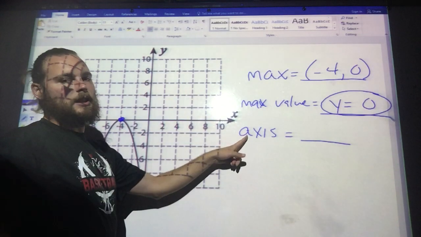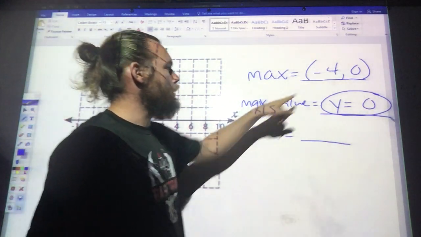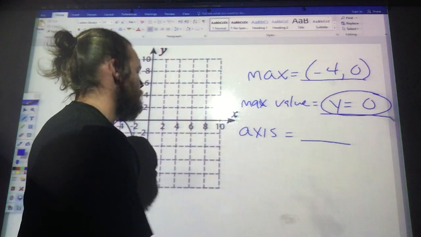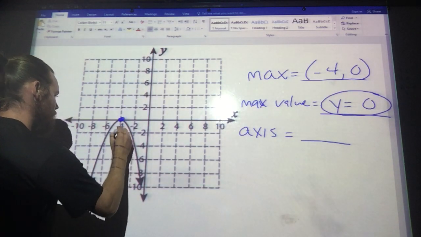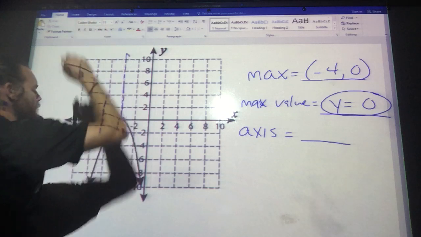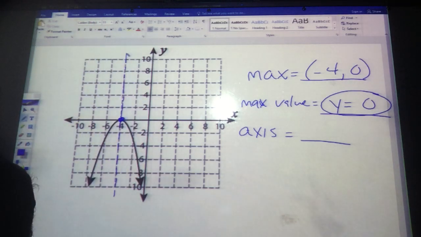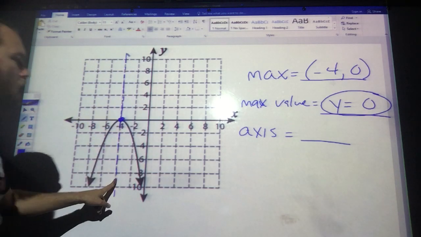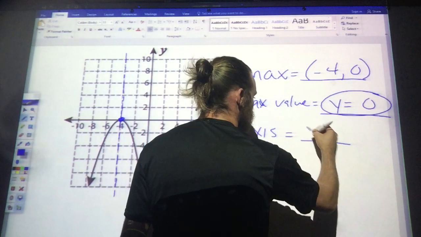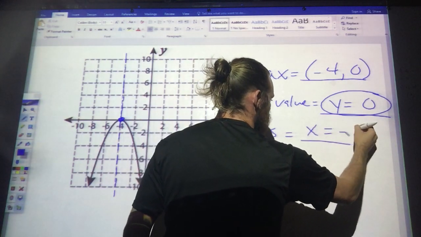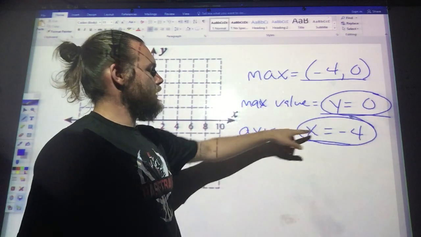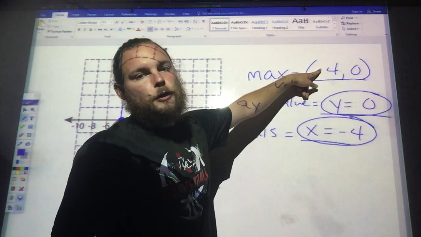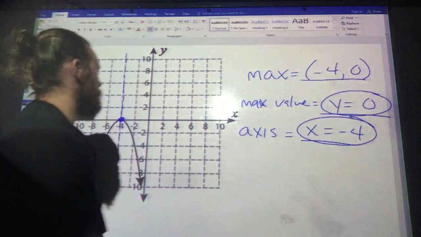The axis of symmetry is the x value of the maximum or minimum. In this case, it's the imaginary line created that cuts the parabola in half. It cuts it in half exactly at -4. So we have x equals -4. If you notice, the axis of symmetry is the x value of the maximum or minimum.